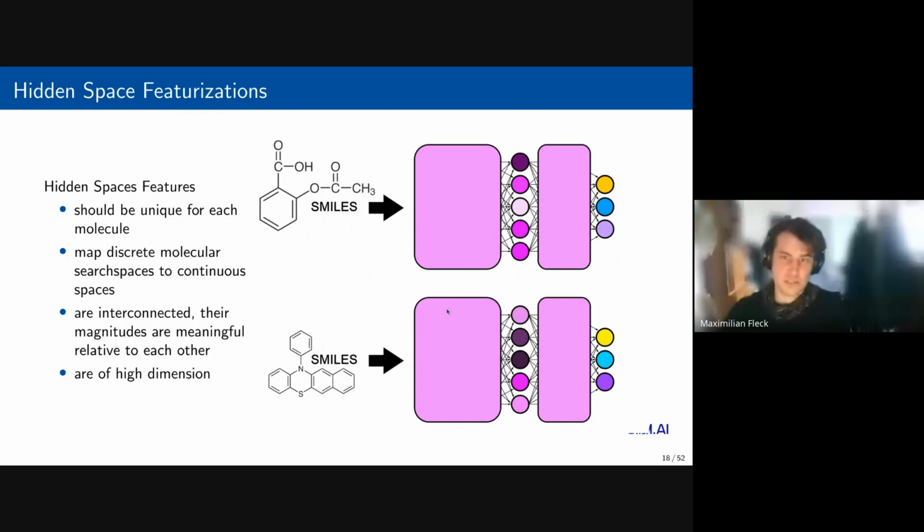Furthermore, they are interconnected, so their magnitudes are meaningful relative to each other. I tried to make this visible with the colors. When we look at the outputs of the neural network, you can say feature 1 of molecule A is darker yellow than feature 1 of molecule B. But you cannot relate the yellow to the blue, whereas this is kind of included here.